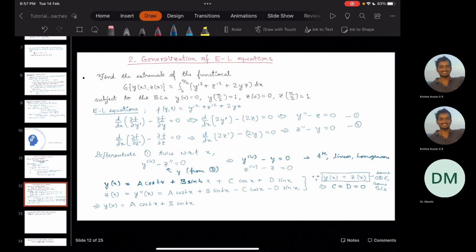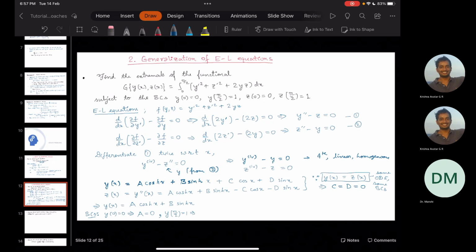Okay, now let's put our boundary conditions. So BCs are y of 0 is equal to 0. So this implies that, as you know very well, cosine hyperbolic x at x is equal to 0 is 1, and sine hyperbolic of x at x is equal to 0 is 0. So essentially a is equal to 0. Now let's apply our second boundary condition, which is y of pi by 2 is equal to 1.